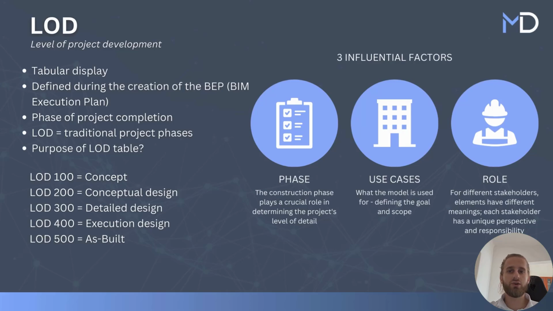LOD 400 should look like a detailed design, and LOD 500 is as-built, like an as-built state of a project. When we talk about these phases of the project, we can say that LOD is a phase of a project completion which corresponds to the traditional phases of the project. Likewise, LOD can mean different things for individual elements.